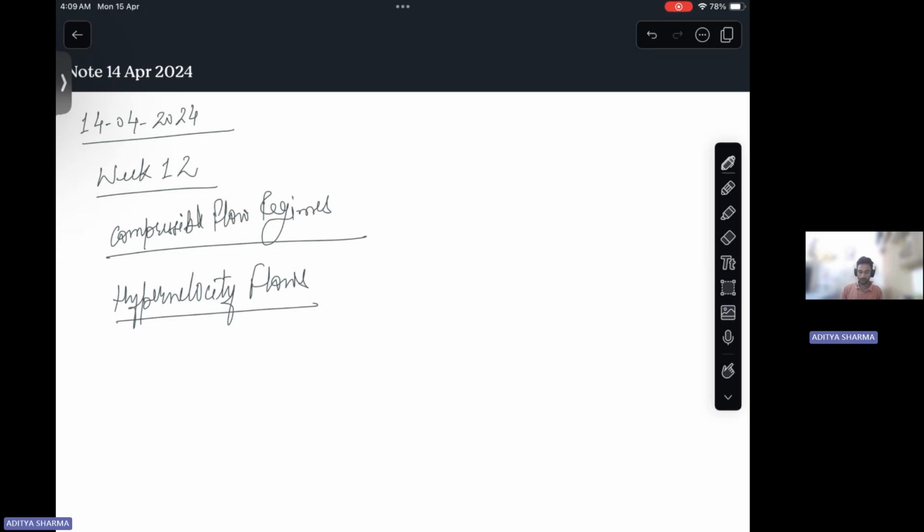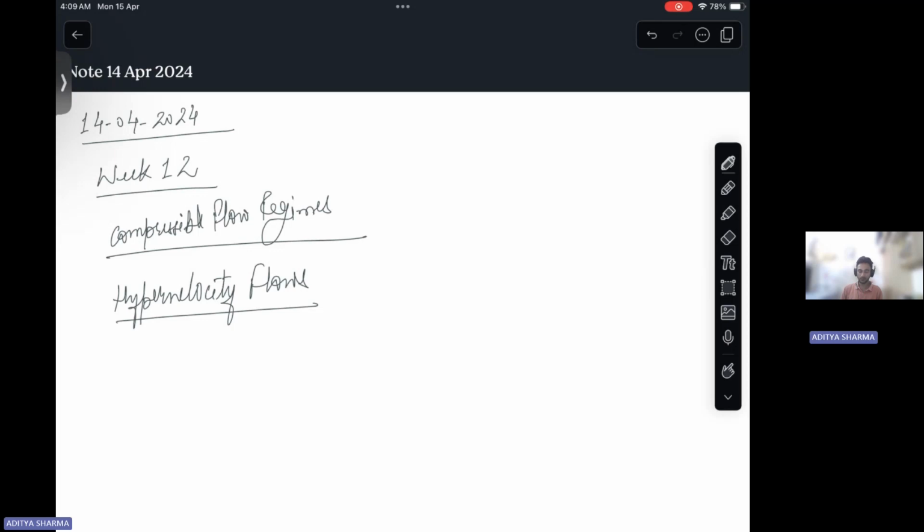Or if some object has a velocity equivalent to the escape velocity when the object is on Earth, that is 11.2 kilometers per second.